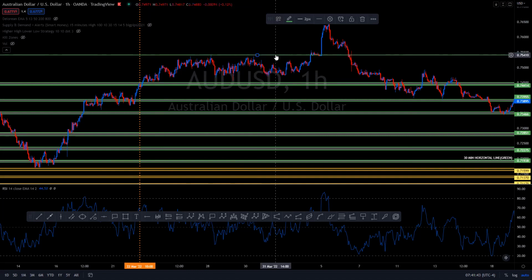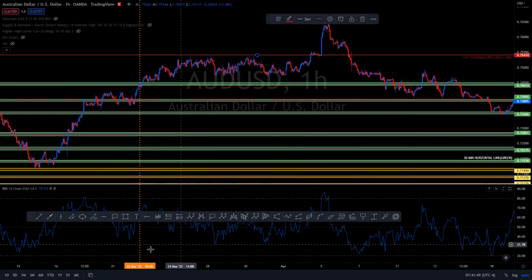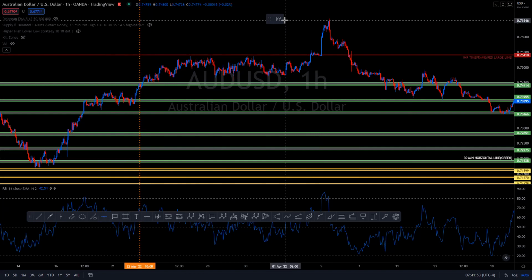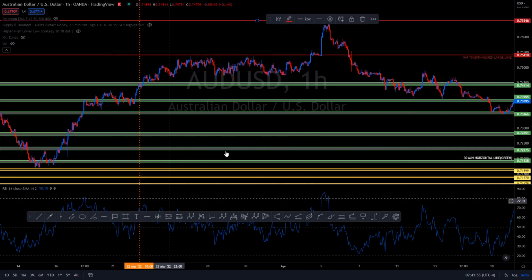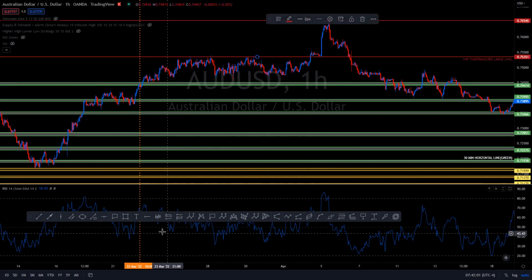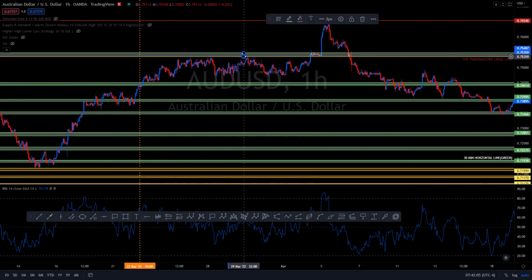So we're going to make this red. Let's see, the red line here. And we see one up here. Draw a zone up to here.